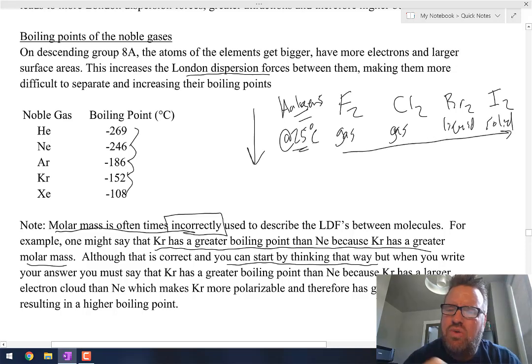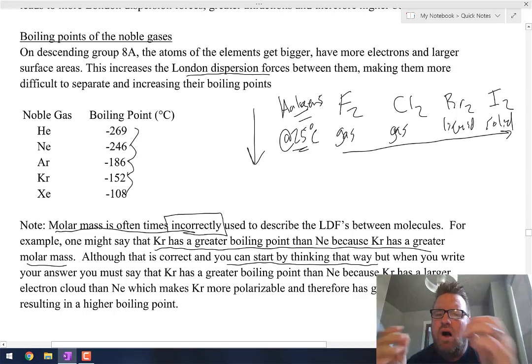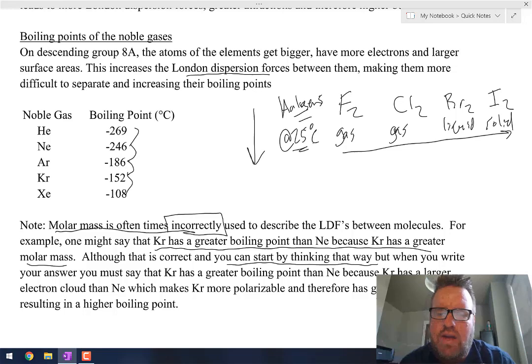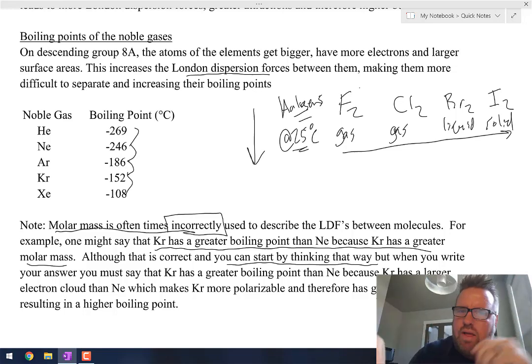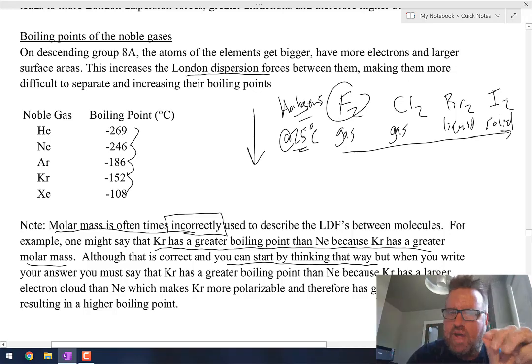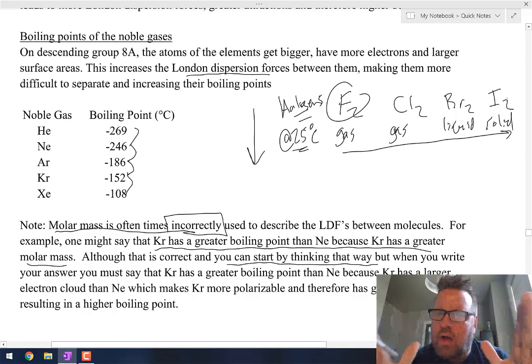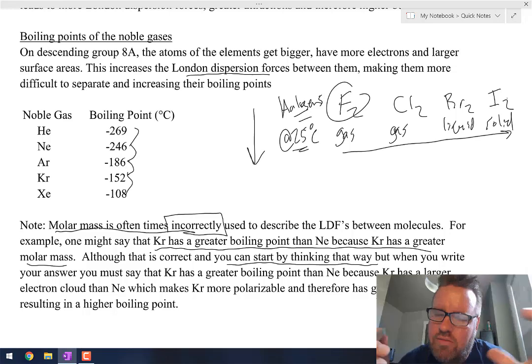Why, as you go down the periodic table, do you go from gases to bromine being a liquid to iodine being a solid? Well, F2, Cl2, Br2, and I2 are completely non-polar, and so the only type of intermolecular forces are London dispersion forces.